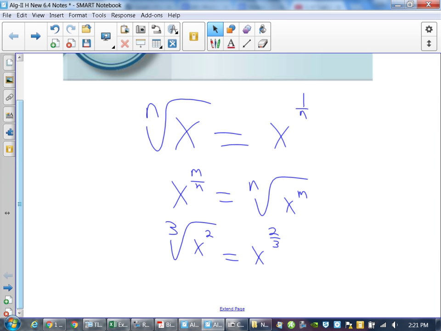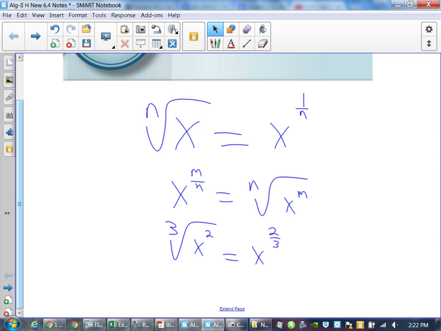You could, but the reason why I would do a fractional exponent is if I'm raising it to another exponent, because remember the power of a power, where you multiply things through. You can simplify fractional exponents easier than you can simplify nth roots, because all you're doing is adding or subtracting fractions.